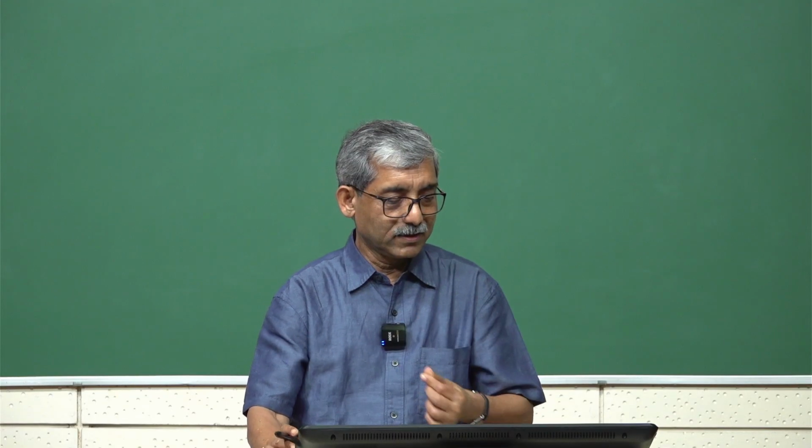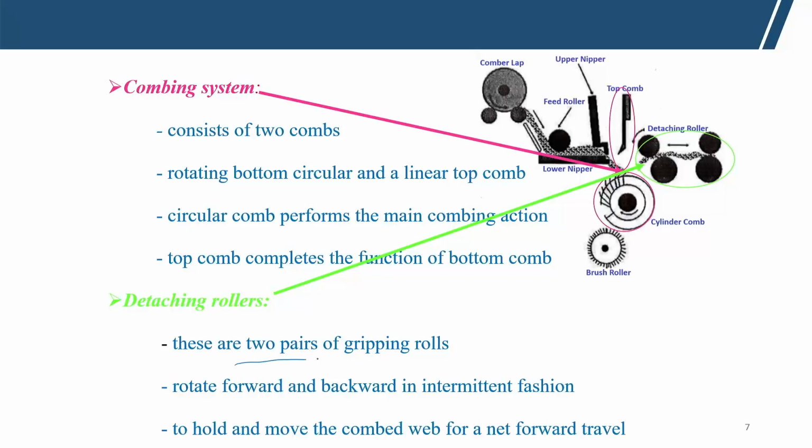Now, the detaching roller: there are two pairs of rollers which grip the fringe. The rate of forward movement and backward movement are different. It rotates both in the forward direction and backward direction intermittently to hold and move the combed web for a net forward movement.